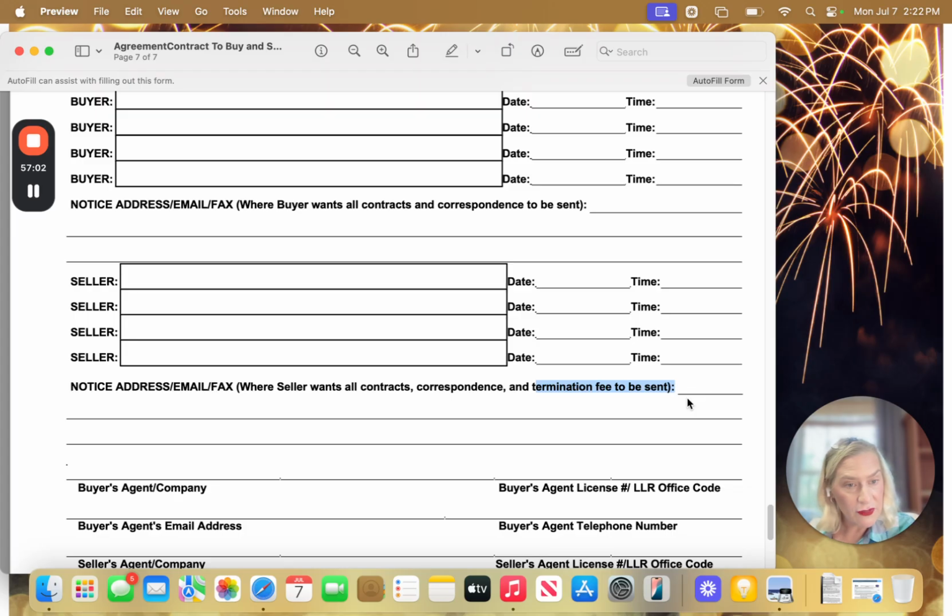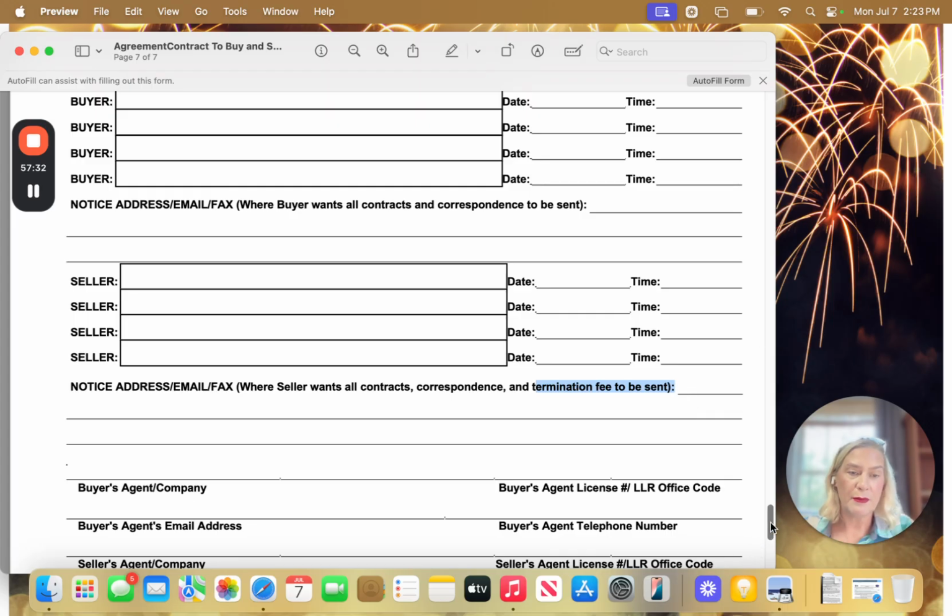Do the sellers have a Venmo? Can you put that on there, please? Do the sellers want Zelle? Do the sellers want me to drop off the termination fee to the listing brokerage main office? Listen, this is for your benefit so that you're not scrambling over where to send the termination fee. Meet this head on and figure out what this answer is when you're submitting counteroffers and offers, okay? Make sure you get that taken care of.